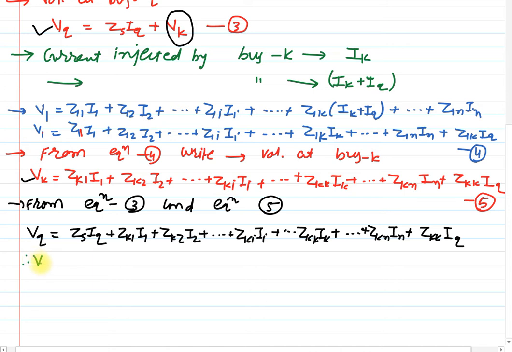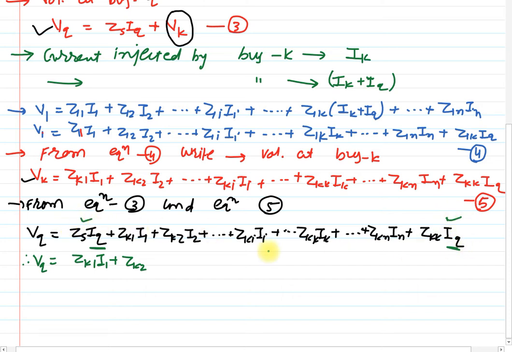So from this equation, just now mathematical process, nothing new. Therefore, I can write voltage at bus number Q, which is Zk1 I1, Zk2 I2, because I just take common this current from these two elements.